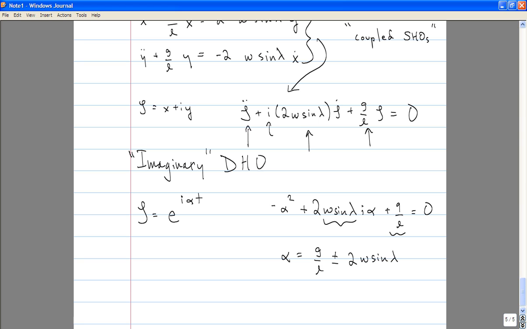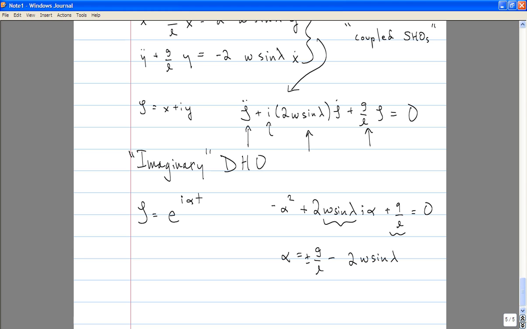In fact, that is really the square root of g squared over L squared minus 4 times 2 omega sine lambda, but let's work in the approximation where g over L is much bigger than that other term.